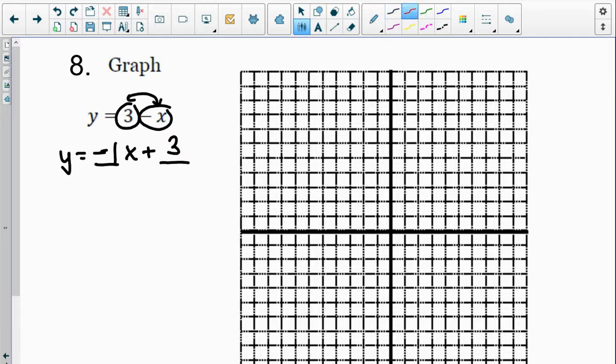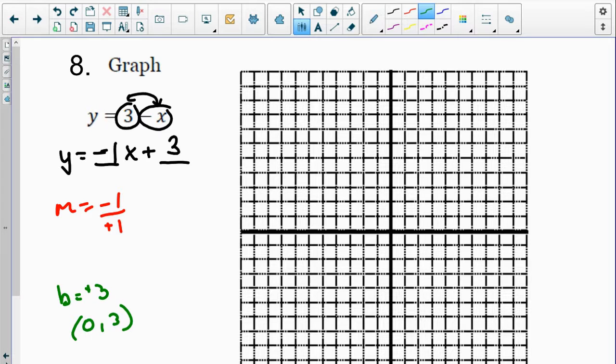So here, my slope, m, is negative 1, which for graphing purposes, I want to think of as negative 1 over 1. And my y-intercept, or b, is positive 3. Okay, or that would be the point 0, comma 3.